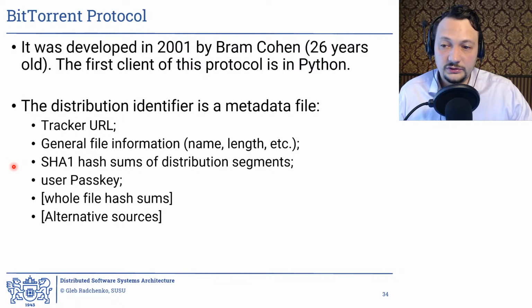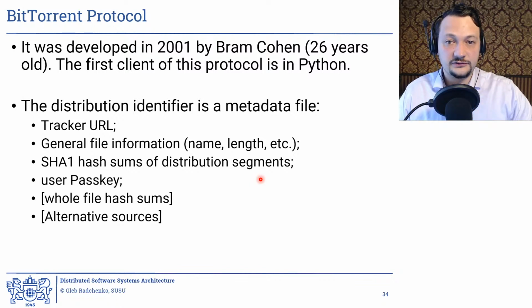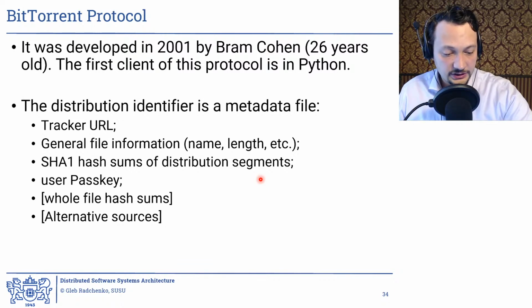Also, in this torrent file, you get the hash sums for the segments of the files. So when you download the files from other users, you are able to check if the piece that you download is correct.